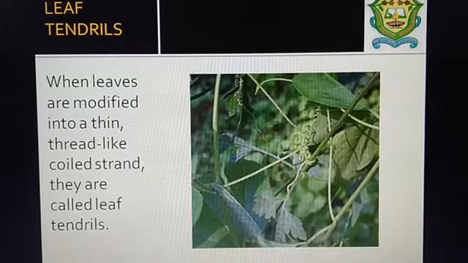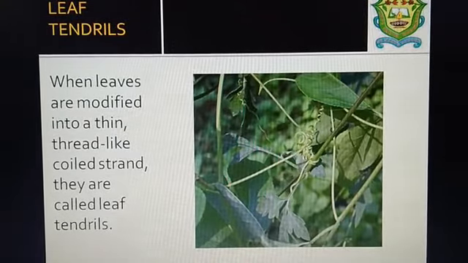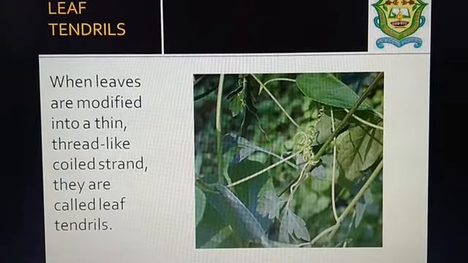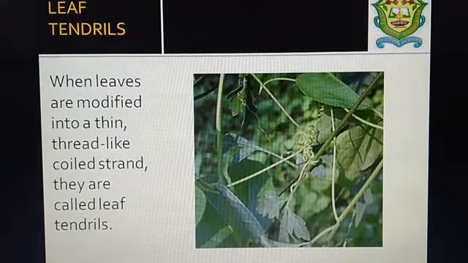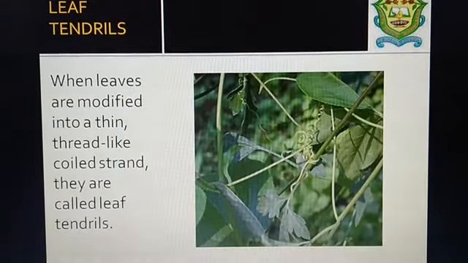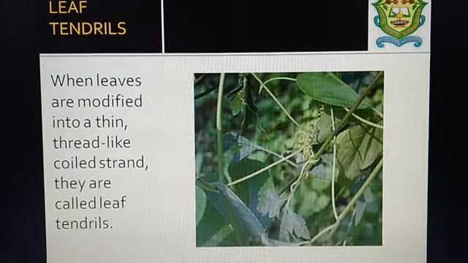Now we are going to revise modification of leaves. Modification means a structural change required to perform a specialized function. Means some leaves change to perform a special function.